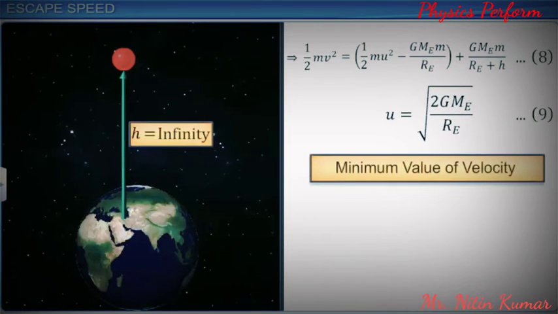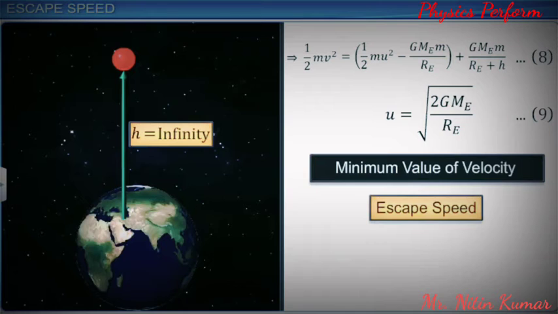Thus, equation 9 represents the expression for the escape speed of a body on the surface of the Earth. It is clear from the expression that the value of the escape speed of a body on a given planet does not depend on the mass of the body. It depends on the mass of the planet and the radius of the planet.